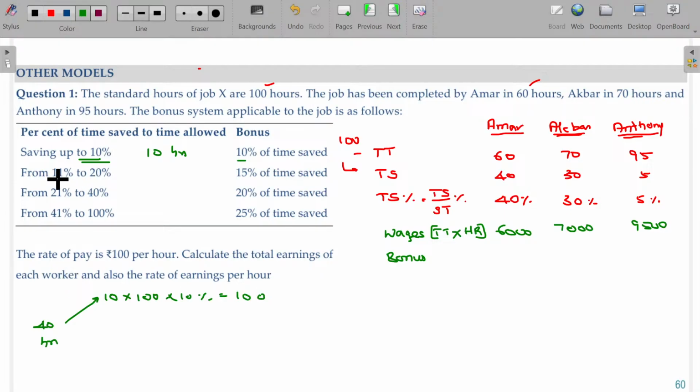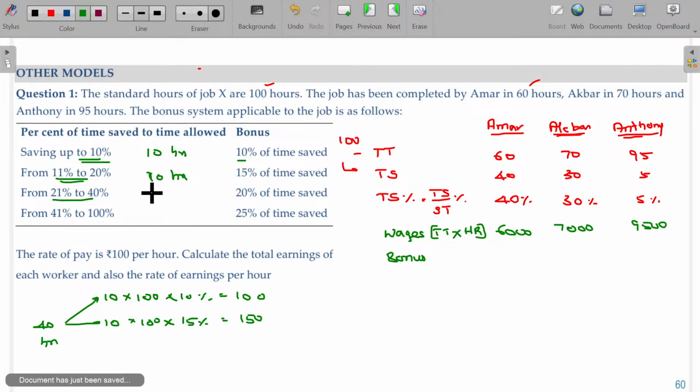And thereafter, from 11 to 20, the next 10 hours, that is from 10 to 20 hours, for the time saved at the rate of rupees 100 per hour, on that 15% will be payable. 150.